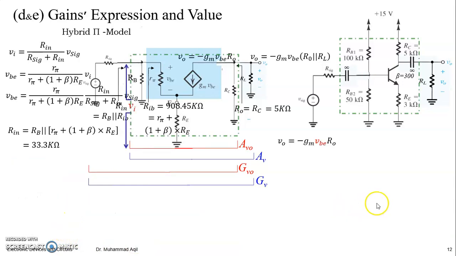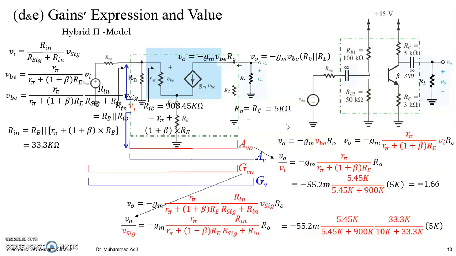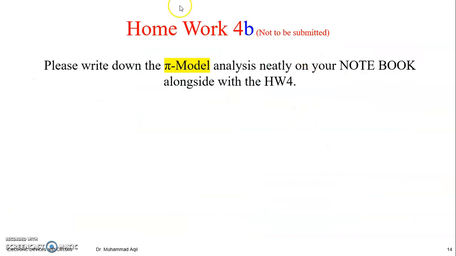Okay, so this is all about the common emitter amplifier with emitter resistance, analyzing with the pi model instead of the recommended T model, right? So now what you have to do is include this pi model based analysis of the common emitter amplifier with emitter resistance in your homework 4.